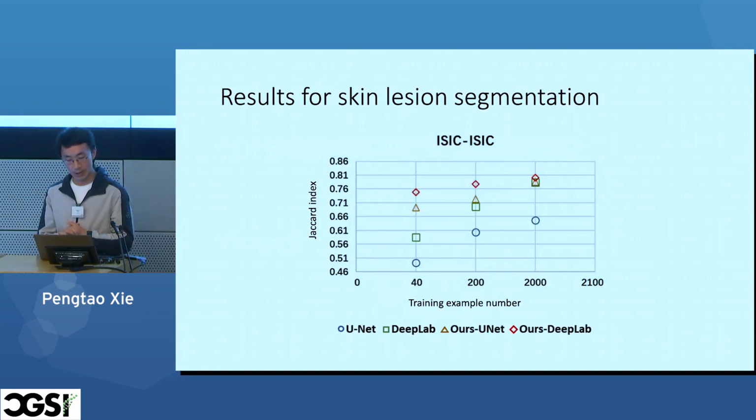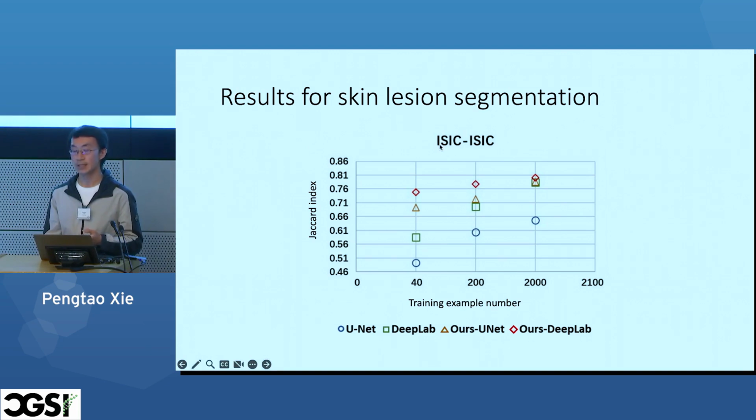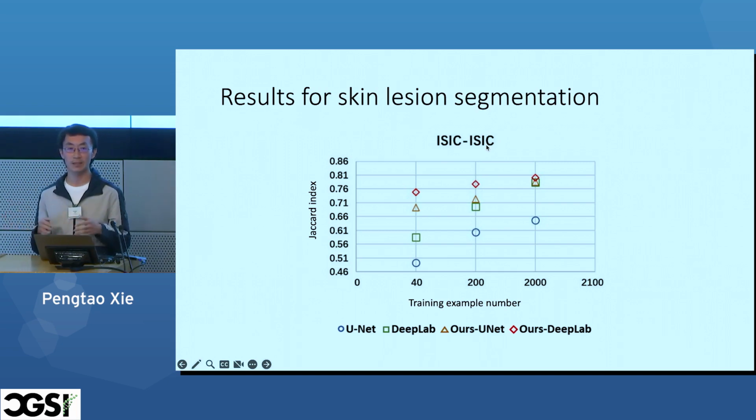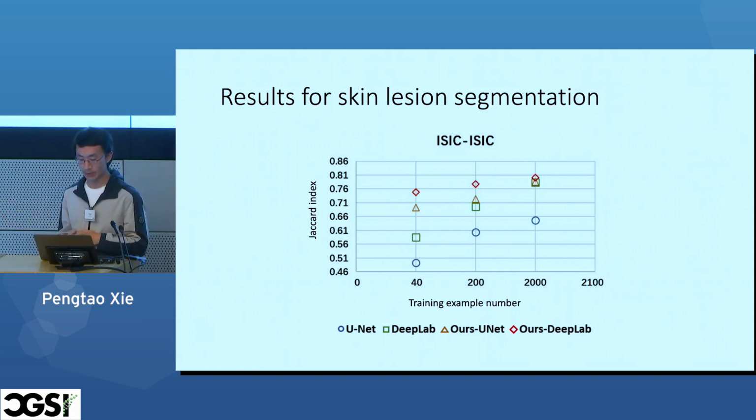Here are the results for skin lesion segmentation. ISIC here is the data set for training, and this part is the data set for testing. So the test and training data are in the same distribution, coming from the ISIC data set, but they are different, with no overlap, of course. In this figure, the x-axis is the number of training examples, and the y-axis is the Jaccard index to evaluate semantic segmentation.